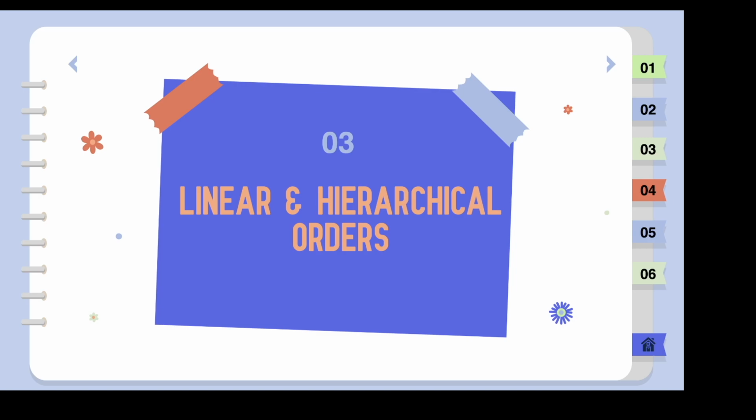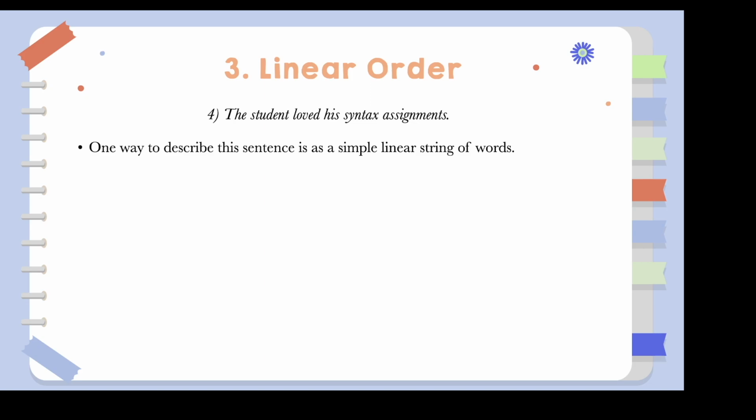When we talk about the sequence of words, the order of words, we can separate the order of words into two types: the first one, linear order, and the second one, hierarchical order. Let's have a look at this sentence: the student loved his syntax assignment. When we talk about linear order, one way to describe the sentence is by using a linear string of words.